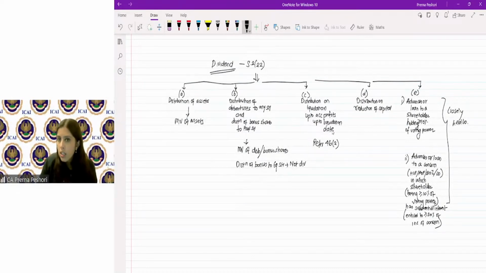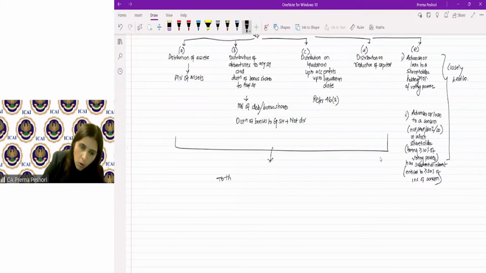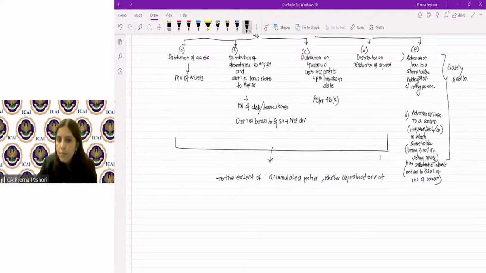Again, distribution on the reduction of capital, again to the extent of accumulated profits, whether capitalized or not. So here you can make a common point: to the extent of accumulated profits, whether capitalized or not.